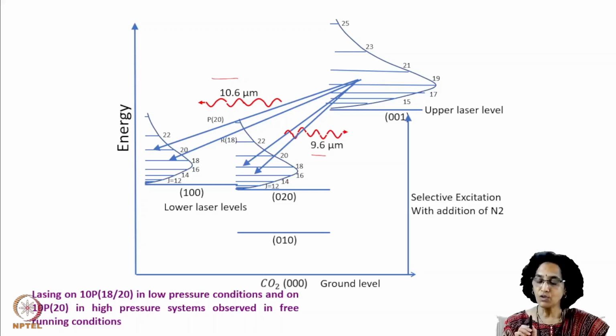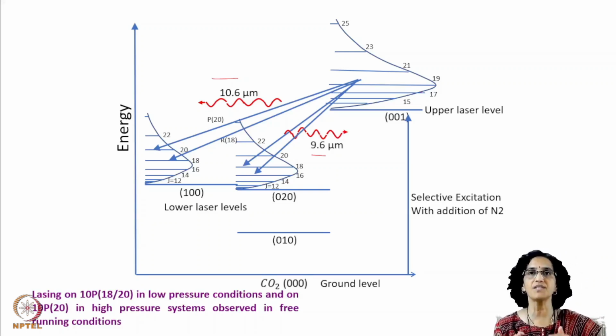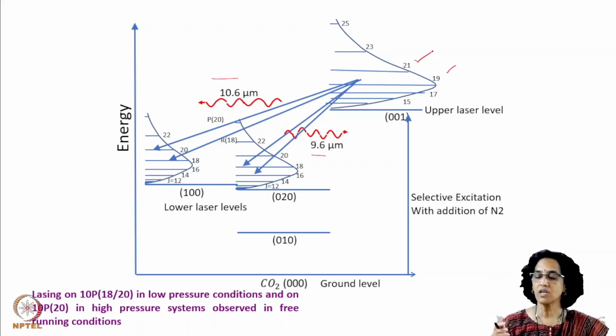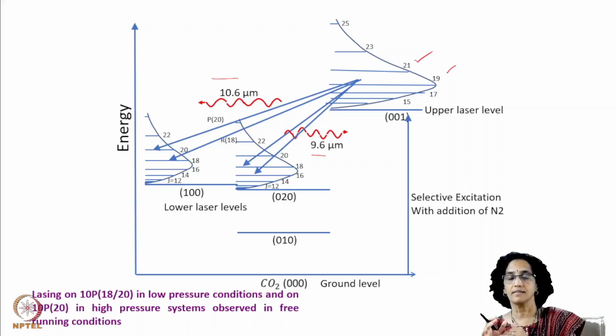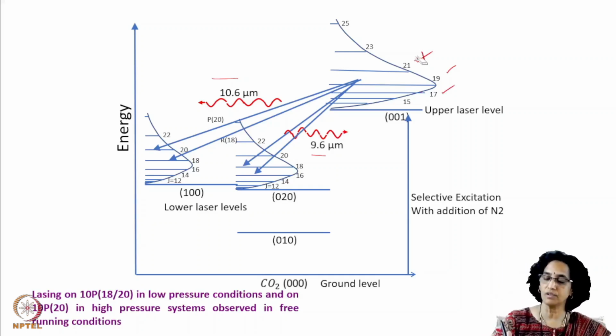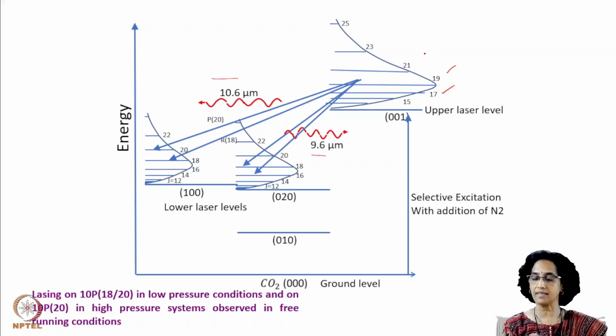So normally, in the normal mode of operation, that is when the discharge temperature is about 400 Kelvin, it is generally 19 or 17 which has the highest gain, sorry, it is not 21 but 17.